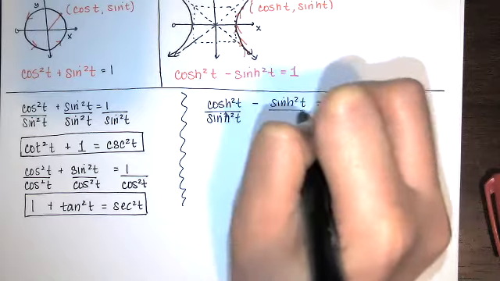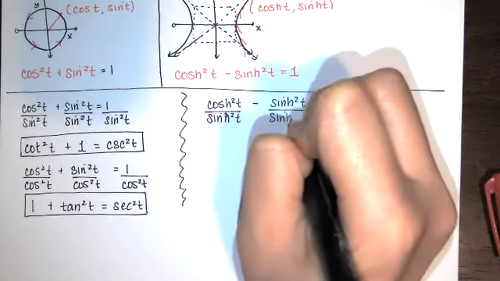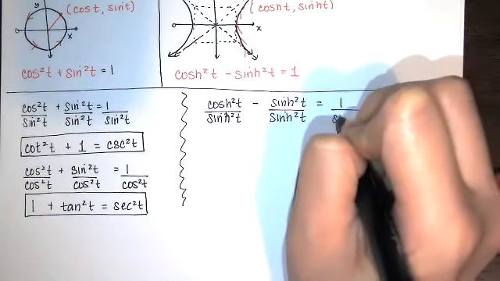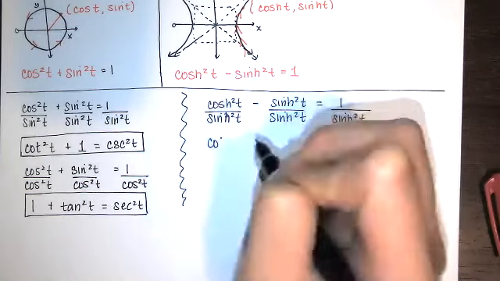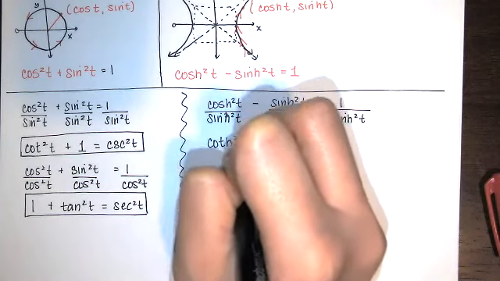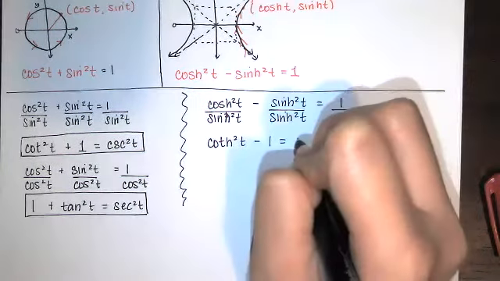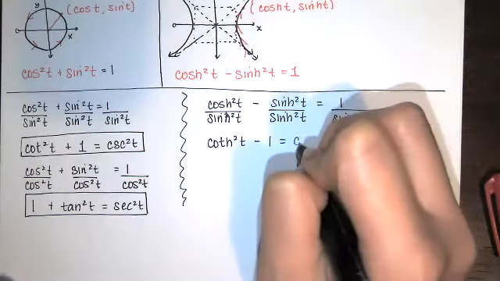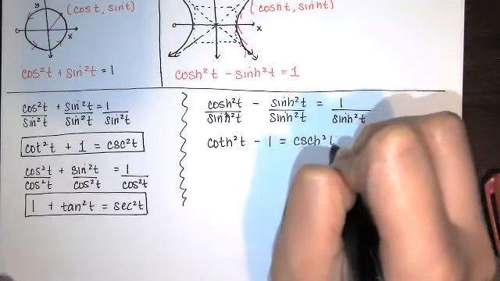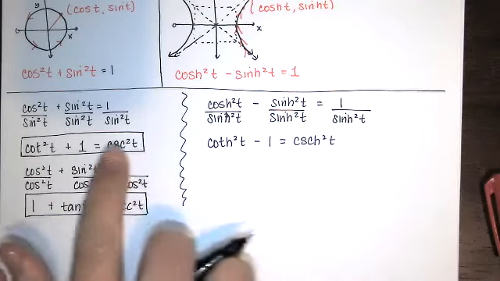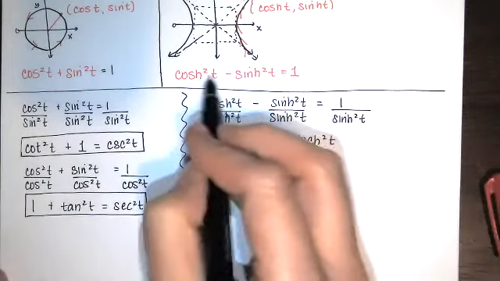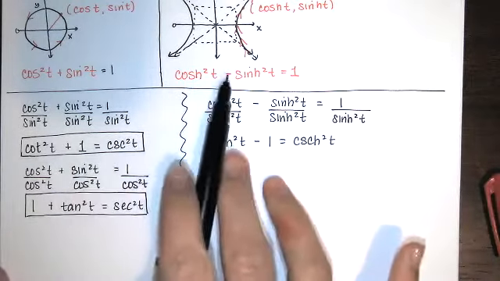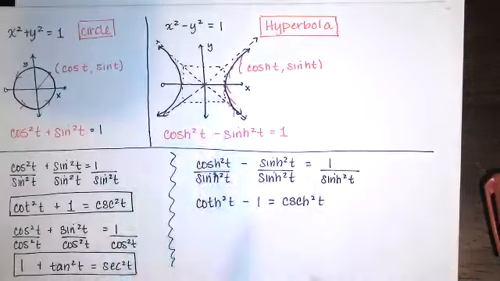So we get hyperbolic cotangent squared minus 1 equals hyperbolic cosecant squared. See how similar they are, but they're just not quite the same. That different sign makes all the difference, but that sign makes sense. It comes from the hyperbola equation.